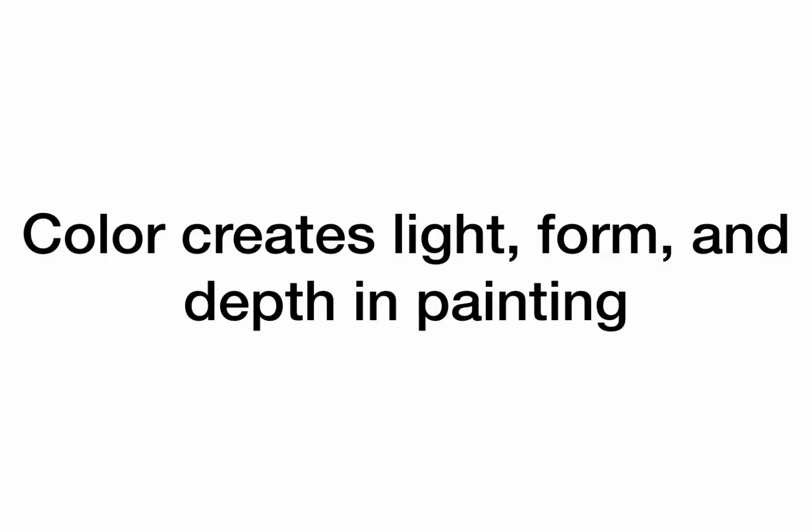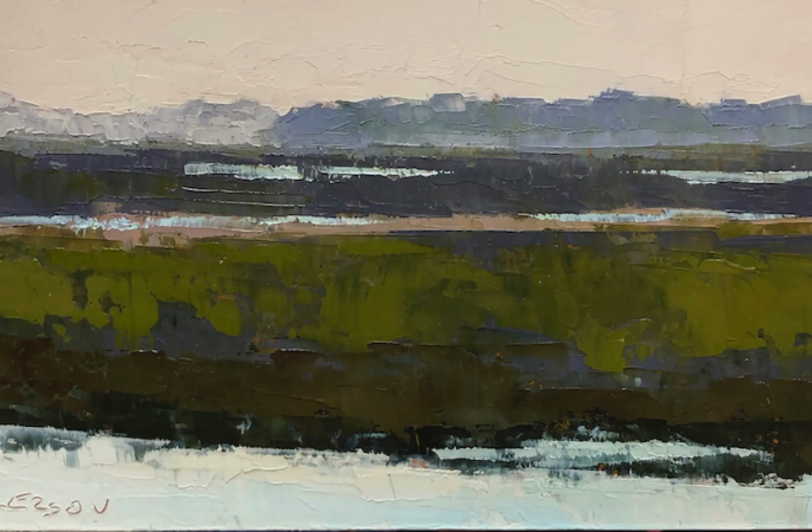We're going to be talking about how to use color to create light and atmosphere in your paintings. I'm going to pile together here a couple of different quotes from Hans Hofmann and point out that color creates light, it creates form, our sense of objectness, three-dimensional objects, and it creates our sense of depth and space in paintings.